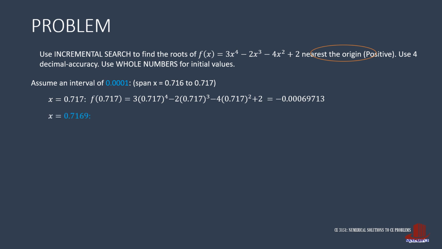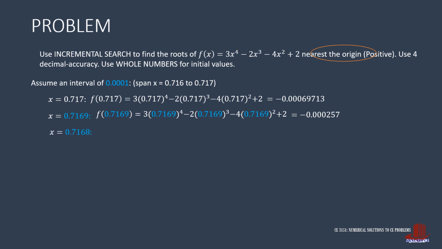Start with x as 0.7169. So the function is thrice of 0.7169 raised to 4, less twice of 0.7169 cubed, minus 4 of 0.7169 squared plus 2, giving negative 0.000257.